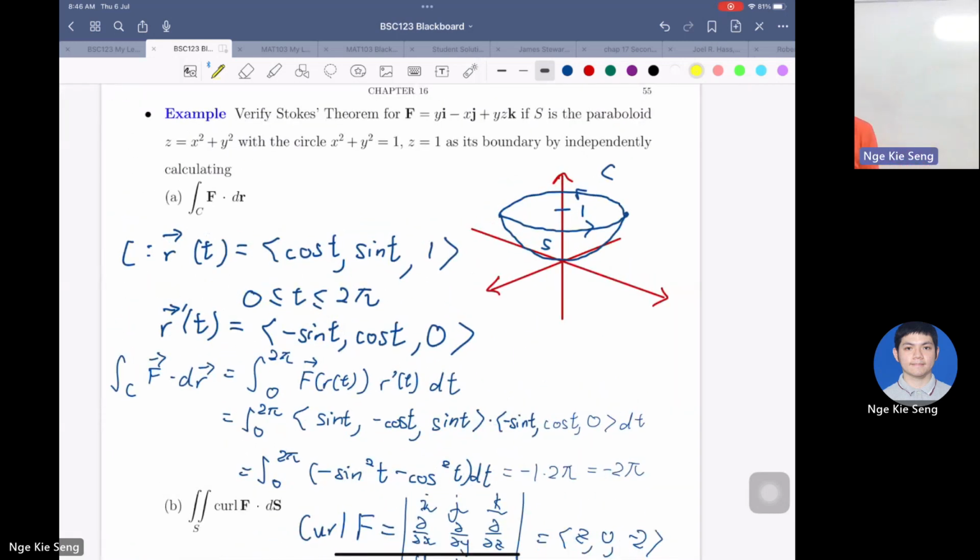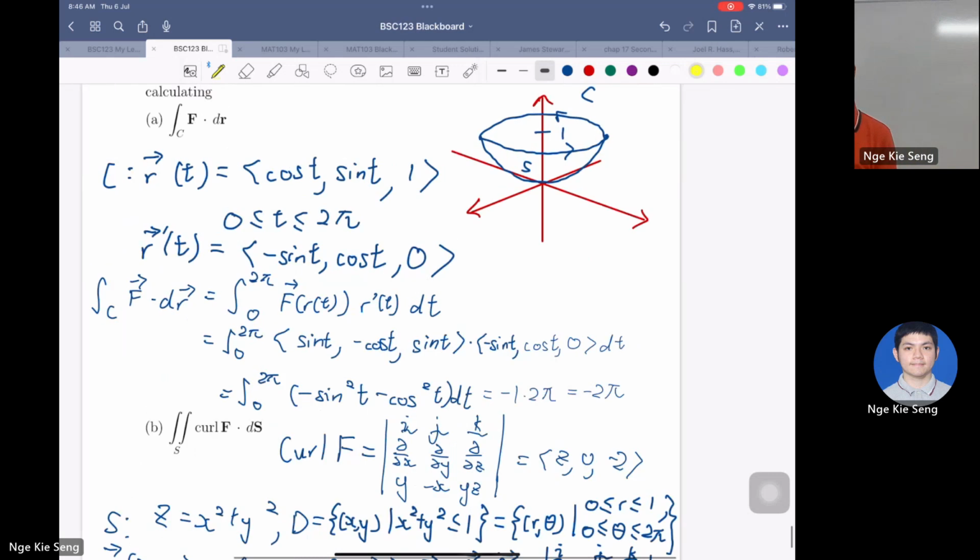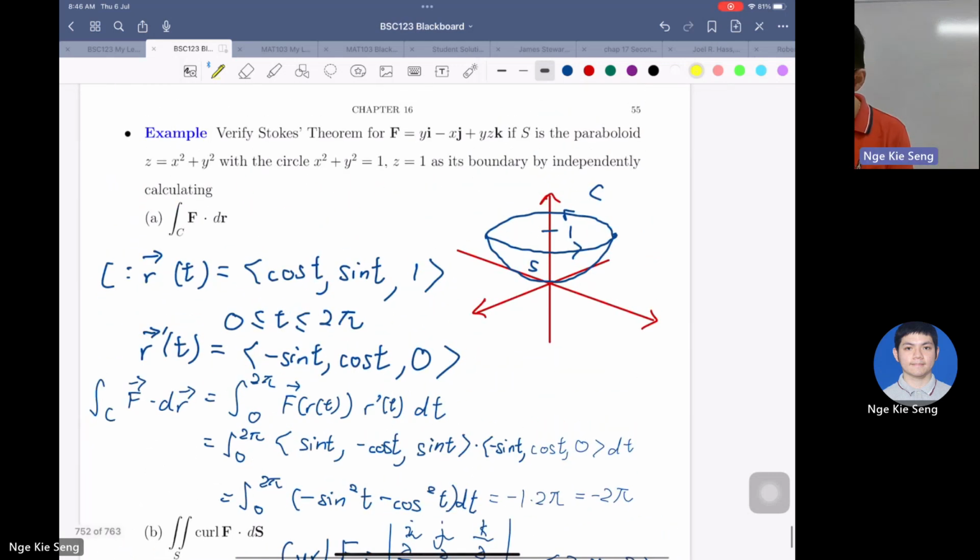So we want to verify Stokes' theorem here. This is a surface, and we want to integrate. In Stokes' theorem, what do we have?